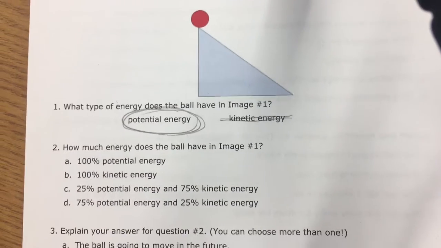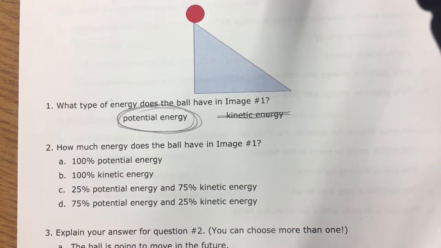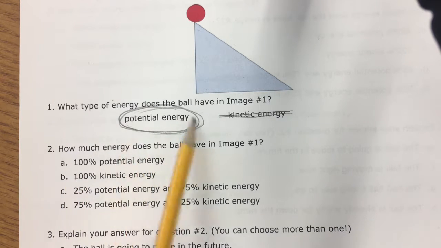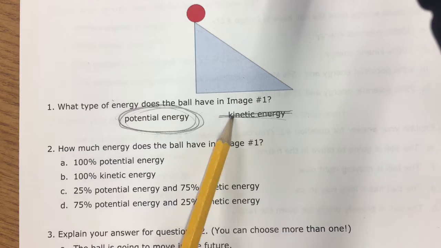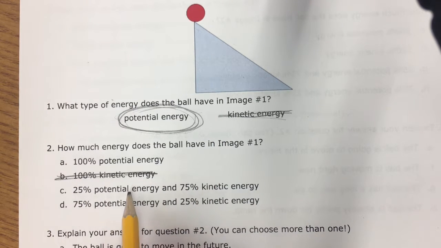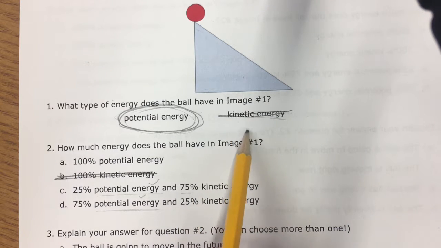Okay. How much energy does the ball in image number 1 have? So I know it has potential energy and no kinetic energy. So I can get rid of B right away because it doesn't have kinetic energy. So C says 25% potential energy. Okay, it has potential energy, so we're good there. And then so does D. D has potential energy, so we're good there. C says 75% kinetic energy. So I know that image number 1 does not have any kinetic energy.